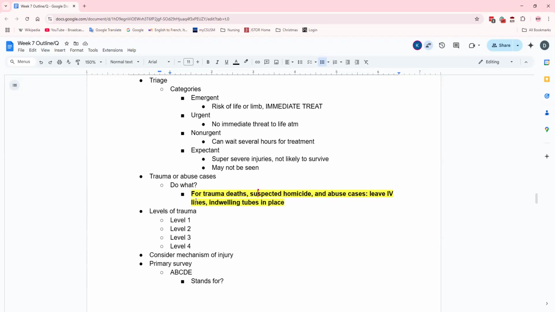The main thing I felt like that came up for trauma is they just wanted you to know you need to leave everything in place, like leave all of your evidence. For example, and this is gonna sound really bad, so forgive me because this is a sensitive topic, if you have a patient that was sexually assaulted and you need to do a rape kit on them, you can't bring them to wash them up or clean them up before doing the kit, because as horrible as it is, we might end up erasing some of the evidence.